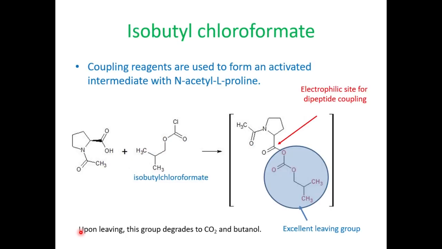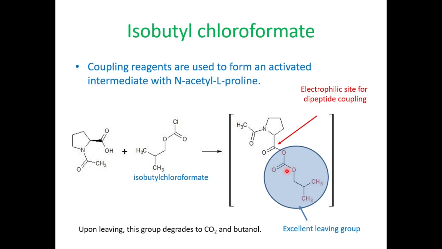Isobutyl chloroformate is another reagent we will use, and this is the coupling reagent, used to form an activated intermediate with the N-acetyl L-proline. Here we have our N-acetyl proline, and we're going to use the isobutyl chloroformate you see here. We're going to react those two together to form this intermediate. What it has done, as you can see here, is put this excellent leaving group onto the C double bond O. So instead of an OH, we now have this excellent leaving group.